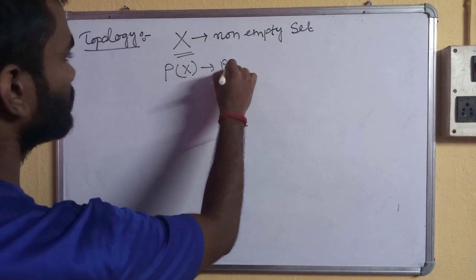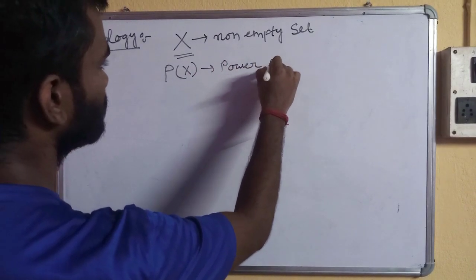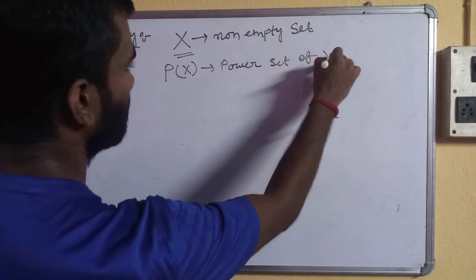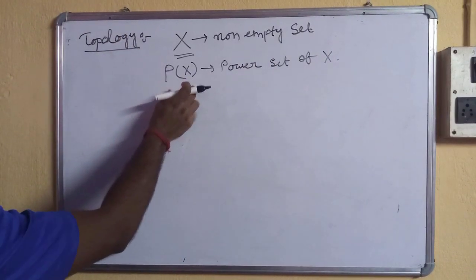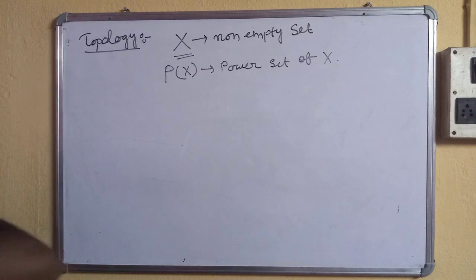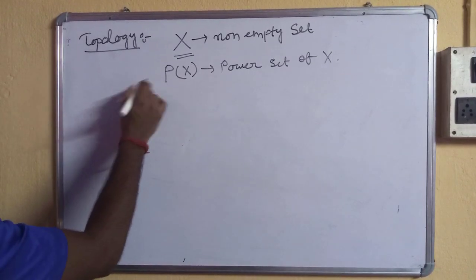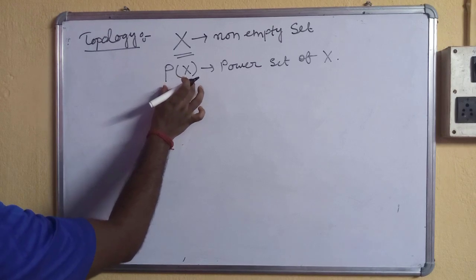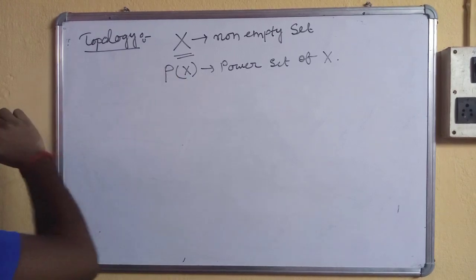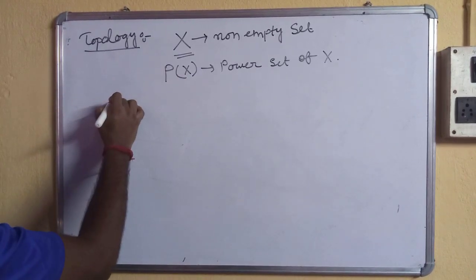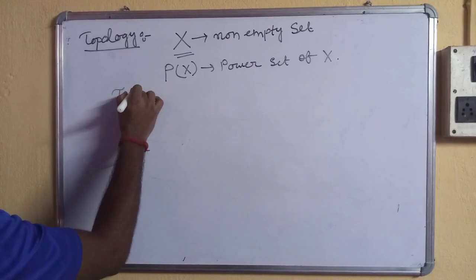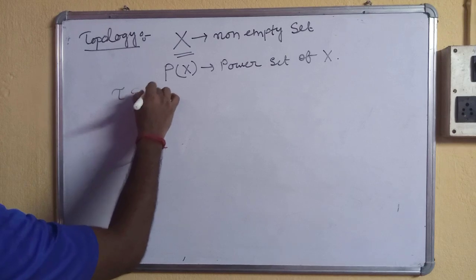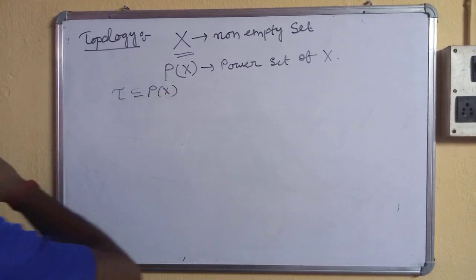P(X) is the power set of X, that is the collection of all subsets of X. Now, what is topology? Topology, tau, is any subset of P(X).